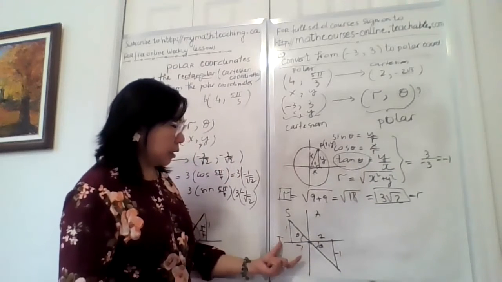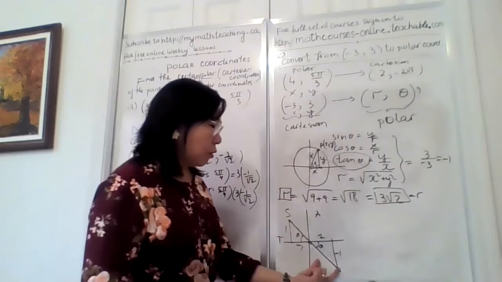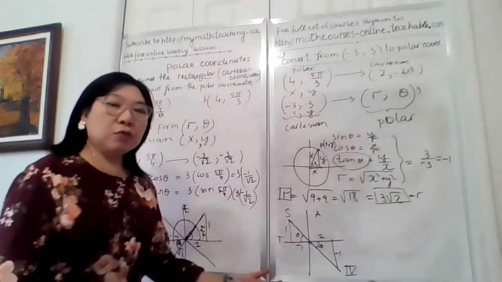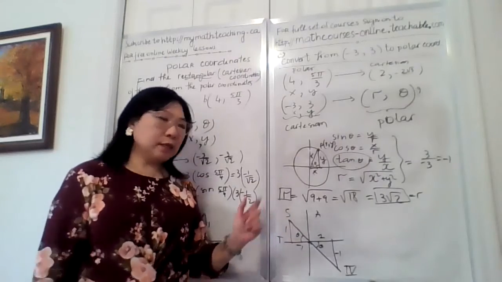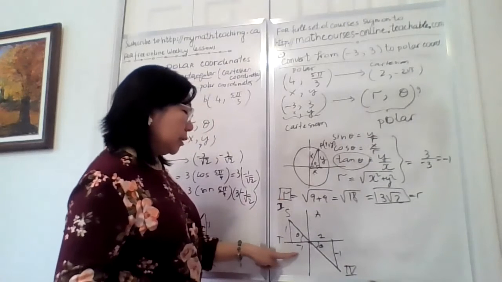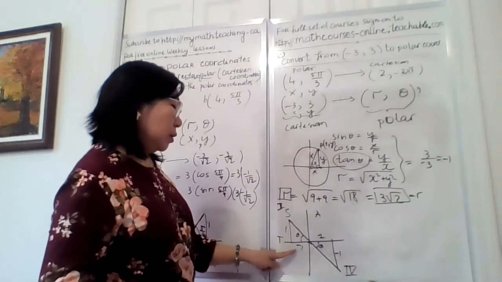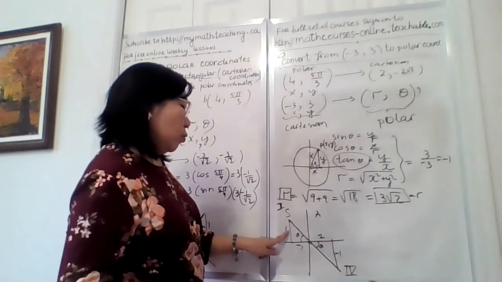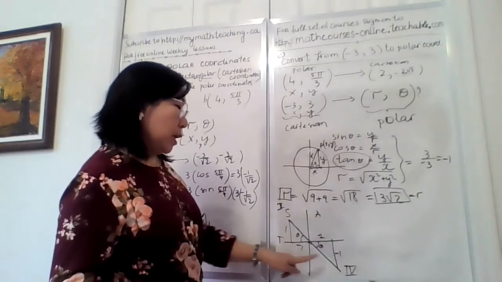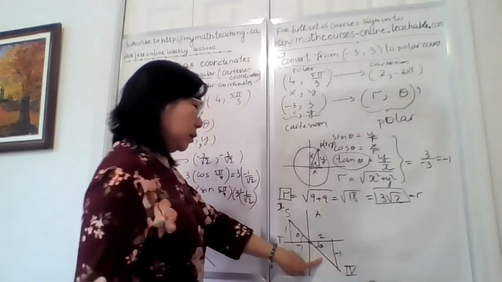So tan theta equals negative 1 in the second quadrant and the fourth quadrant, because y divided by x is 1 divided by minus 1, which is minus 1, or minus 1 divided by 1, which is minus 1.